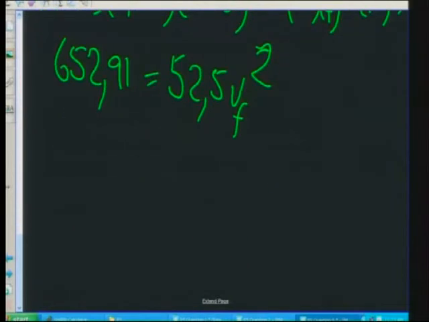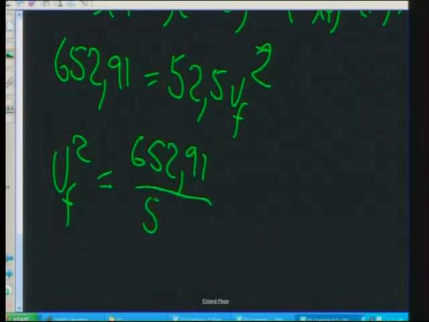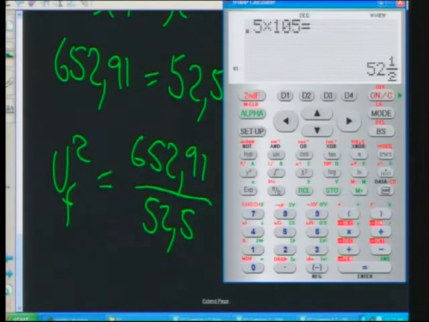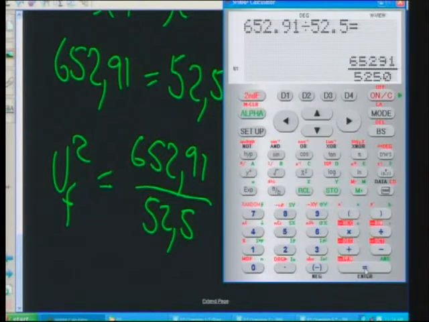Okay, so what are we going to do now? We're going to solve for v final squared is equal to 652,91 divided by 52,5. And if we do that, 652,91 divided by 52,5 equals 12,436.